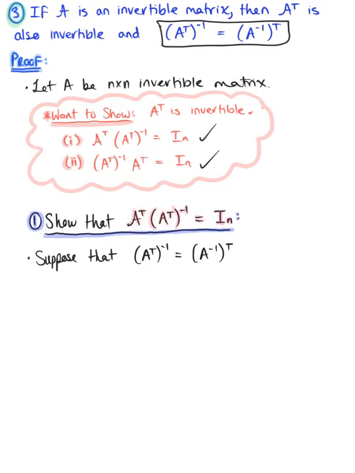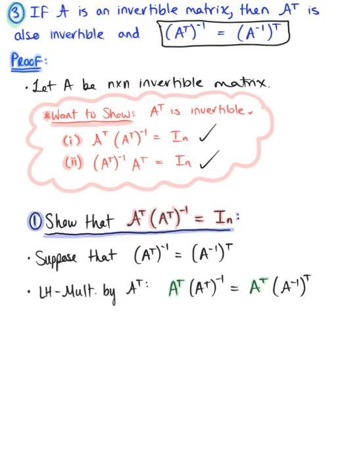So, keeping that desired result in mind, let's start here by left-hand multiplying by A transpose. So we have the transpose of matrix A multiplied by the inverse of the transpose of A, and this is now equal to the transpose of matrix A multiplied by the transpose of the inverse of matrix A.